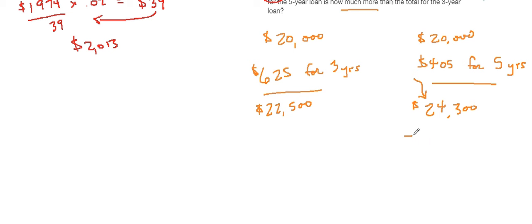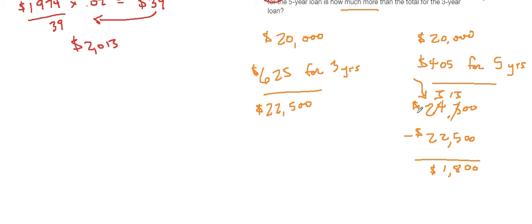How do we find difference? We subtract here. So got to borrow. 0, 0, what, 8? 1. $1,800 more.